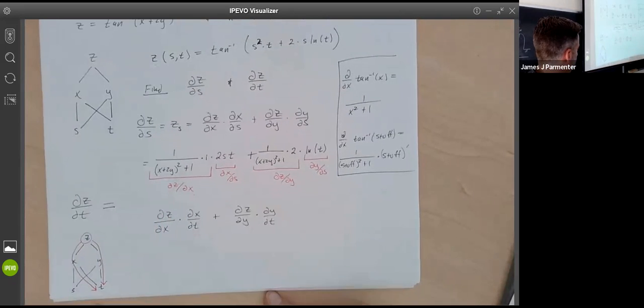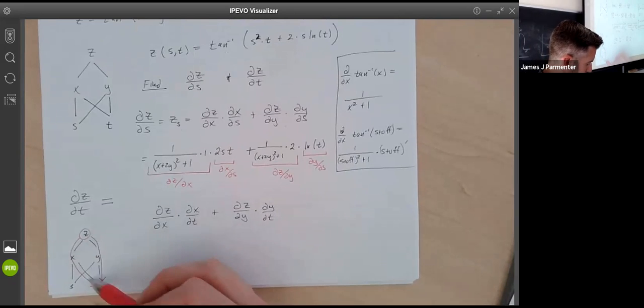Those are the paths we're taking from z to t, the path through x and the path through y.